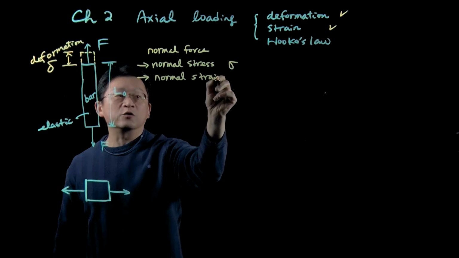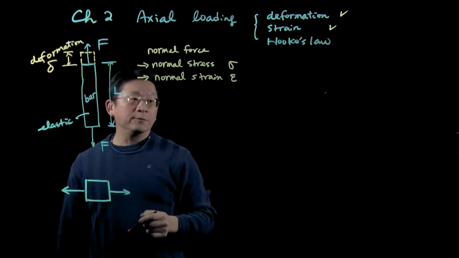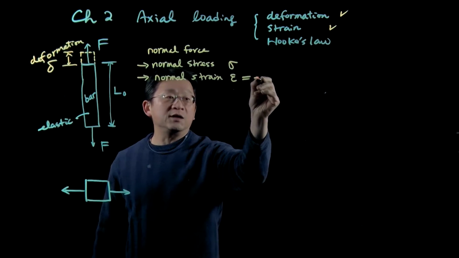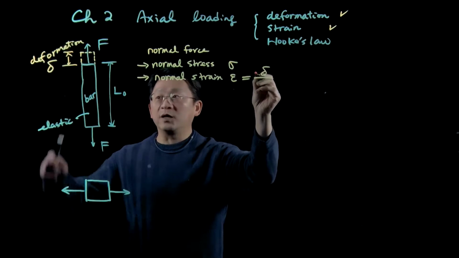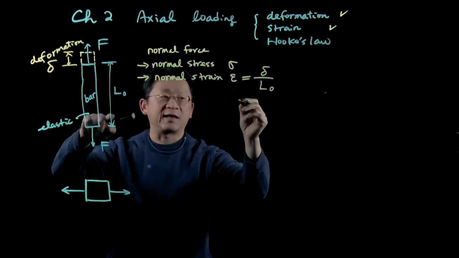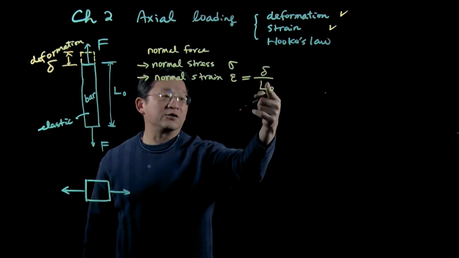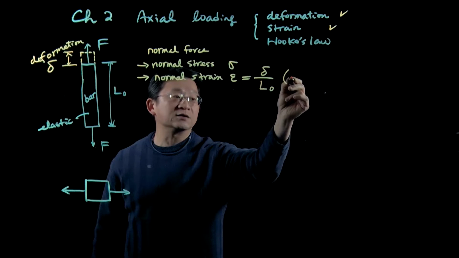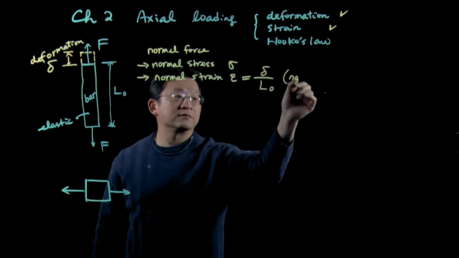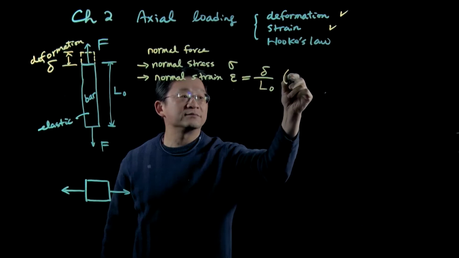For normal strain we use epsilon. By definition, it is the deformation delta divided by the original length. That's it. Because both have the unit of length, the strain has no unit; it is unitless, dimensionless.